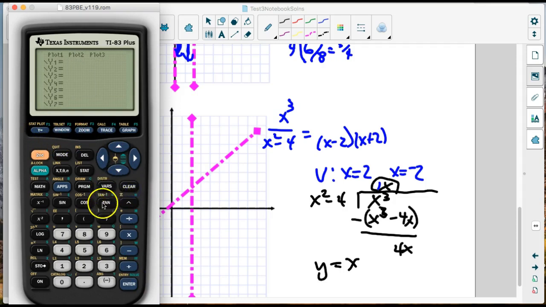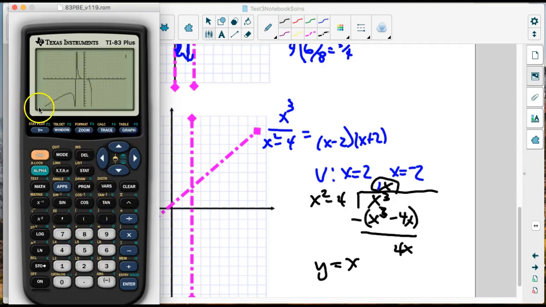So clear out the last one. We have x cubed divided by x squared minus 4. And let's look at the graph. This is on the standard mode.